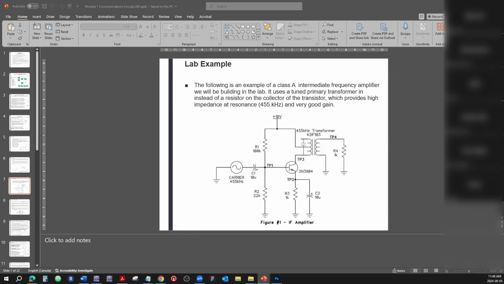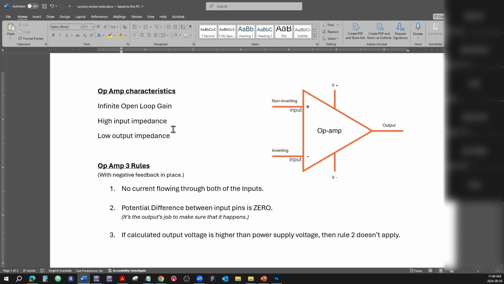there are some rules, but you probably remember those, but I'm going to review them again. Operational amplifier characteristics. We will be dealing with those a lot. I'm giving you some building blocks on what we can use. Op amps have an infinite open loop gain.